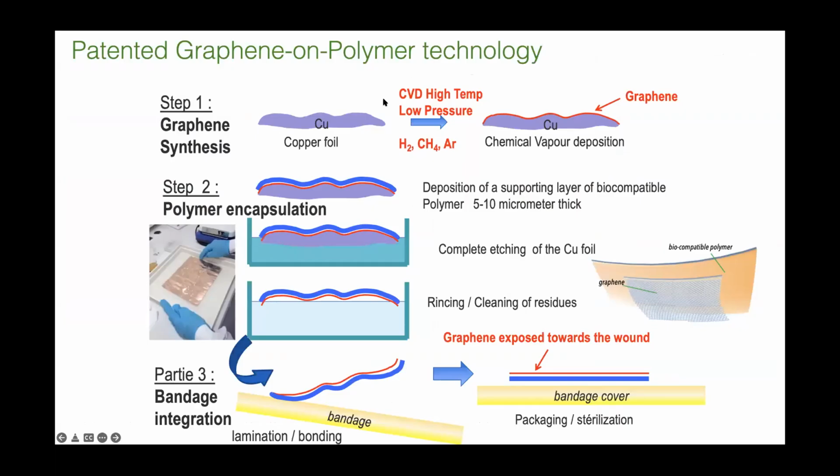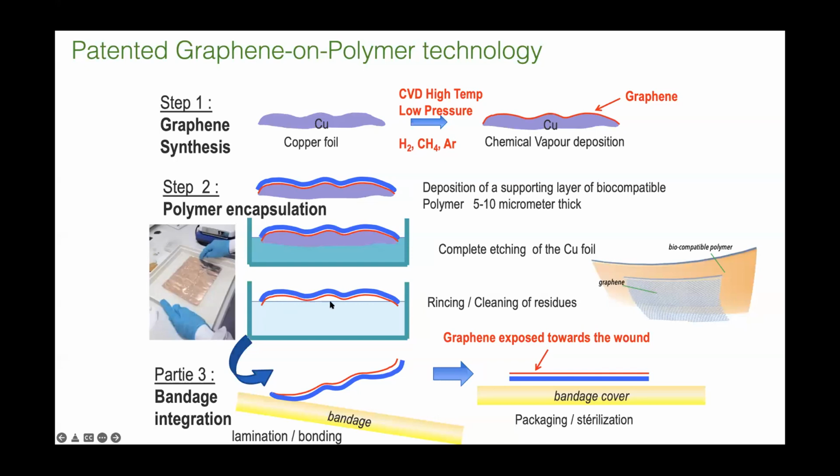The way we do that: we produce graphene as a thin veneer, a monolayer, on top of copper. Then, of course, you have to delaminate it and remove all copper residue from the graphene. We have a proprietary process for that. We evaporate a polymer on top of the layers, and then we etch or separate the copper. We also have a delamination process so that you can recycle the copper.